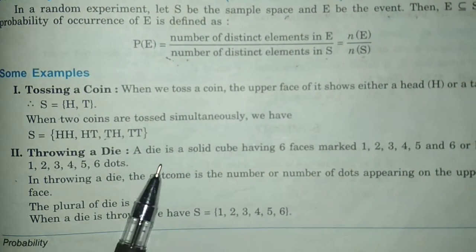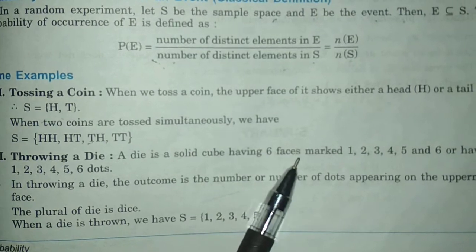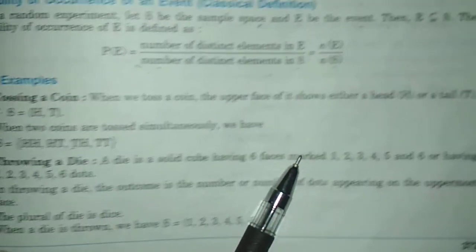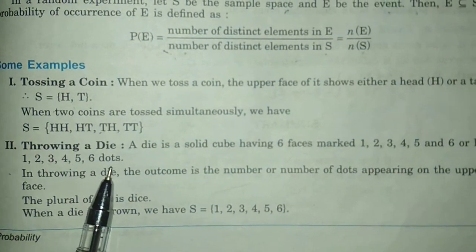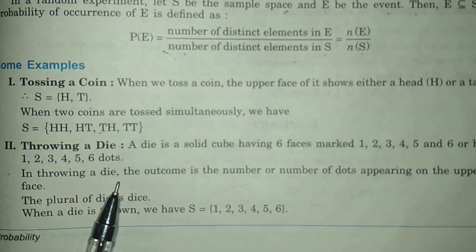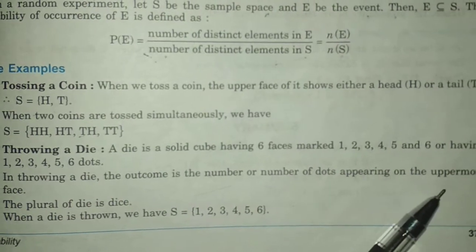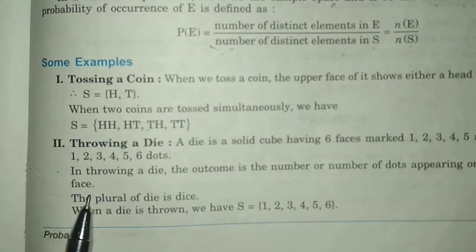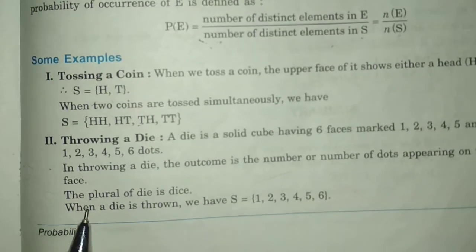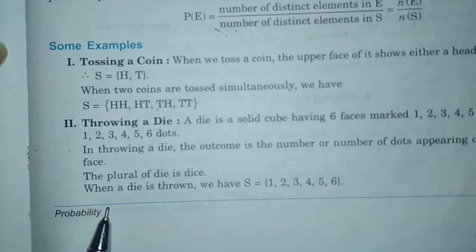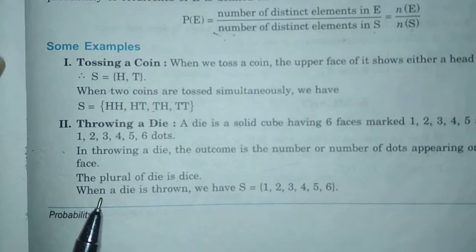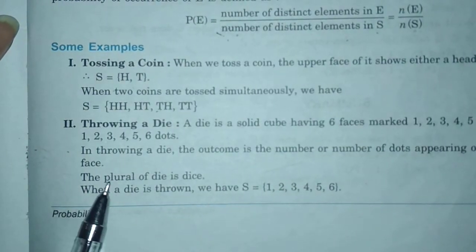then throwing a die. A die is a solid cube having 6 faces marked 1, 2, 3, 4, 5 and 6, or having 1, 2, 3, 4, 5, 6 dots. In throwing a die, the outcome is the number of dots appearing on the uppermost face. So all of you are playing Ludo, so you know how the die works.